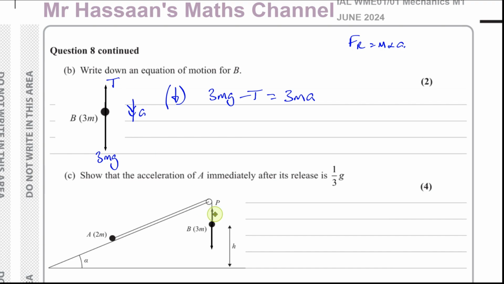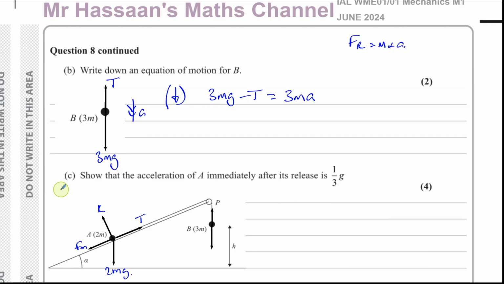We already have the equation for this. And for A, we have the tension, the weight, the reaction force, and the frictional force, which we call F max, and the weight, which is 2 mg.